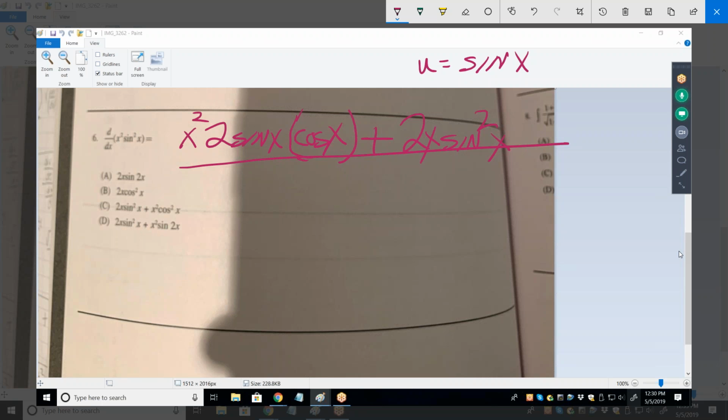Well, I think it's got to be one of these at the bottom. Let's see, that looks like it almost matches it. Ah, it does match it. They just turned it. Oh, it's this one.